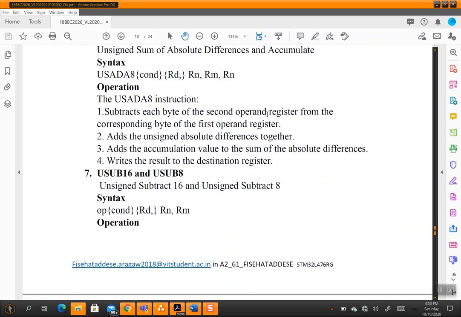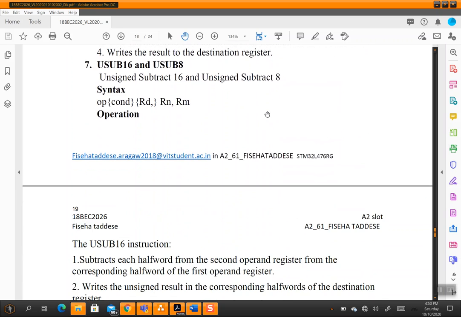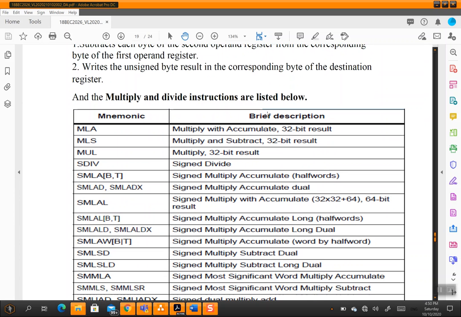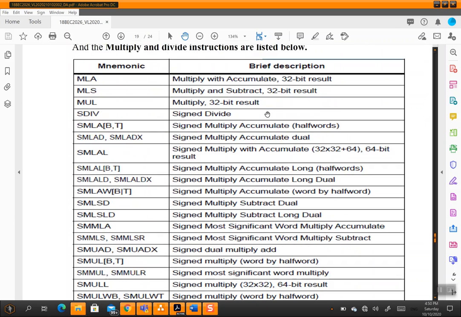Next are USUB16 and USUB8, used to subtract 16-bit data and 8-bit data respectively. So what are the multiply and divide instructions for signed and unsigned data? These are mentioned briefly in the table, with their own brief description and syntax also.